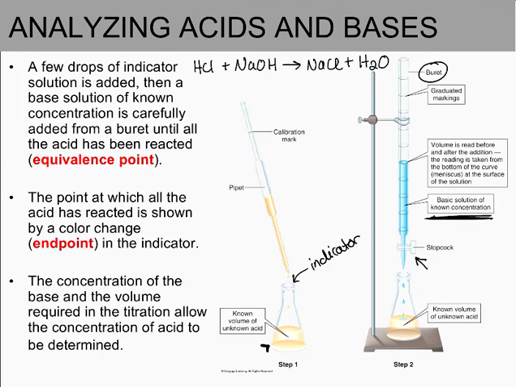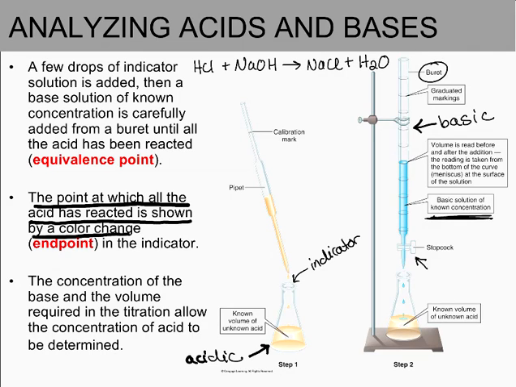So our original solution in the flask is acidic, and our original solution in the burette is basic, but at a certain point, they're going to completely neutralize each other once we've added enough base. The point at which all of the acid has reacted is shown by a color change in the indicator, and that's known as the end point of the titration.